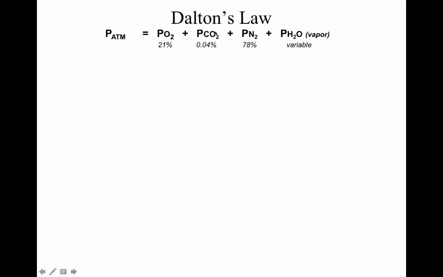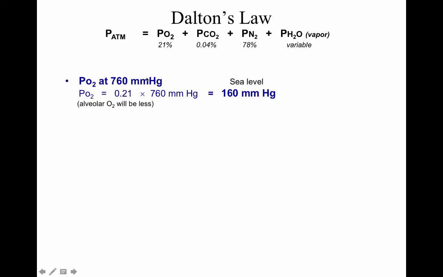Dalton's law broken out then would say that, for instance, atmospheric pressure is about 21% oxygen, 0.04% carbon dioxide, 78% nitrogen, and then a variable percentage of water vapor. And all of these partial pressures add up to 1 atmospheric pressure.